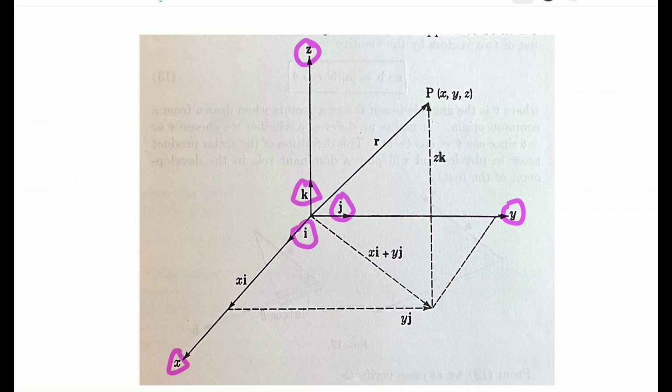So if we want a general displacement vector r, which goes out to a point P at x, y, and z, the x direction is x times i, the y direction is y times j, that unit vector, and the z direction is correspondingly z times k. The sum of those three gives us the position of P. So that's what the unit vectors are all about.